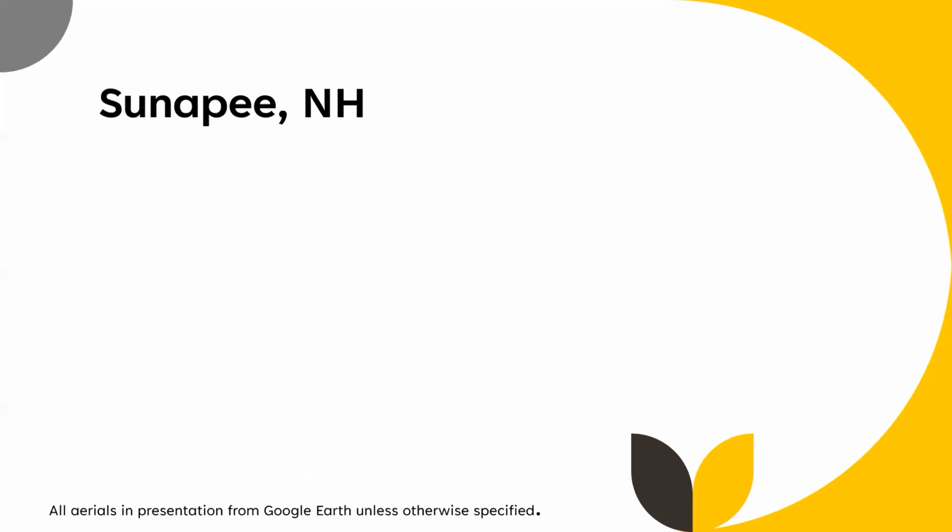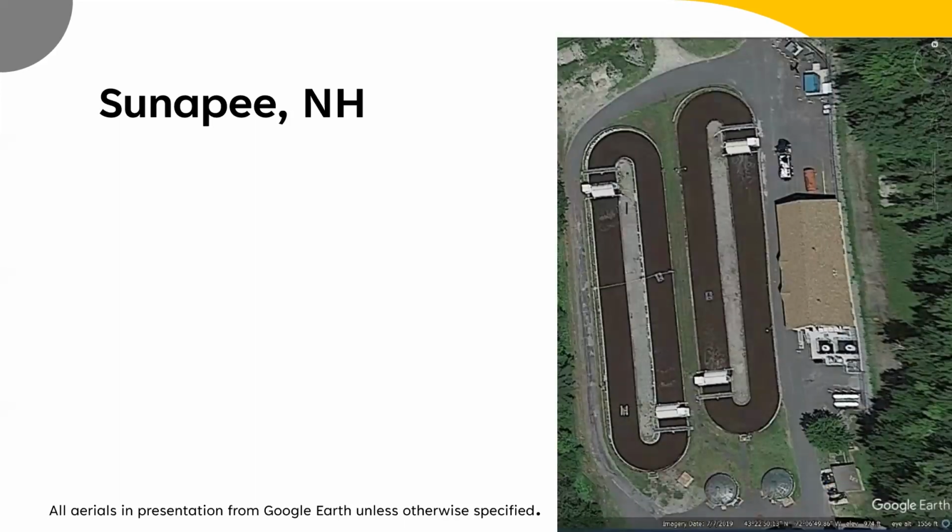I'll move on to an example here of my trip to New Hampshire. This is the town of Sunapee, New Hampshire. They have oxidation ditches. They're actually designed to operate in parallel or serially. They were operating them in parallel when I was there.